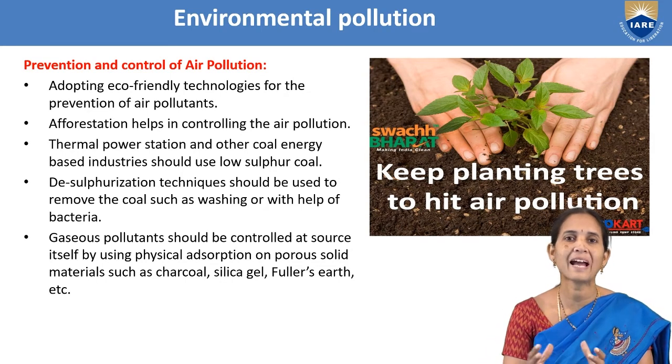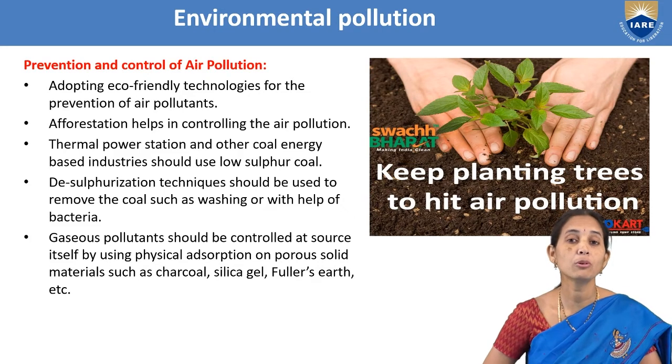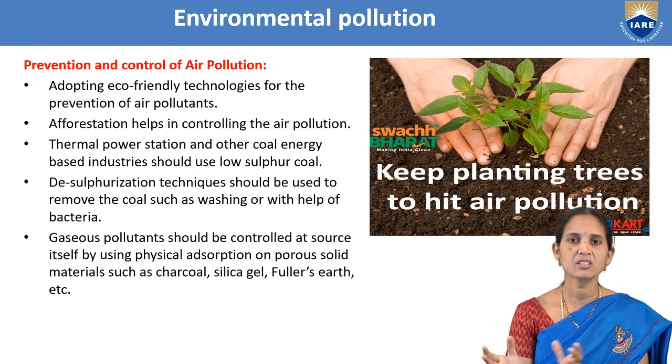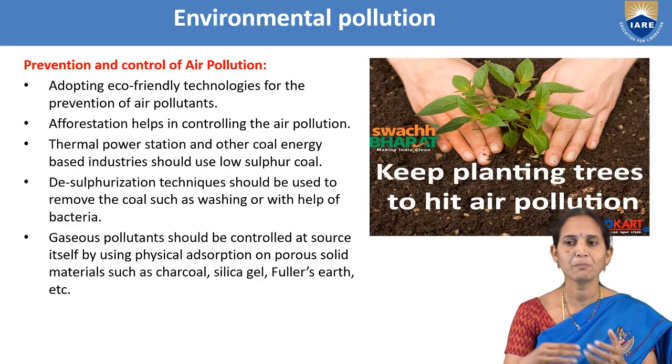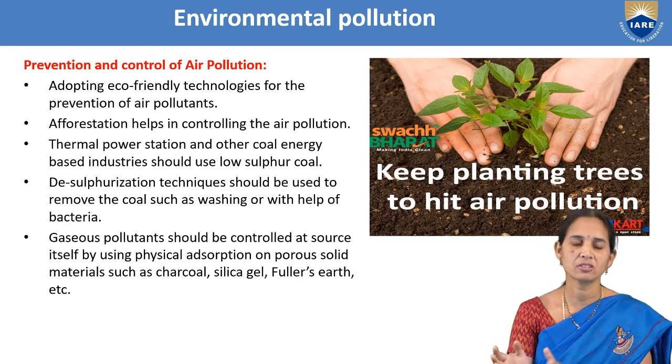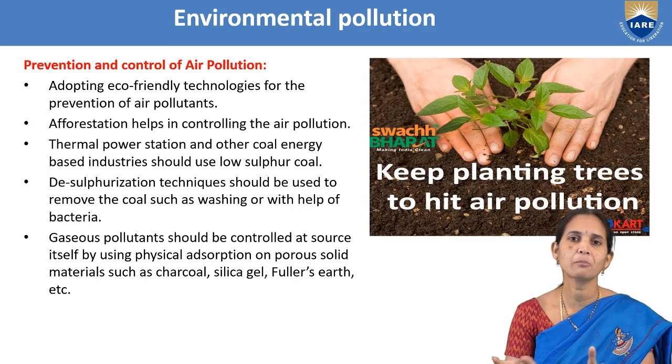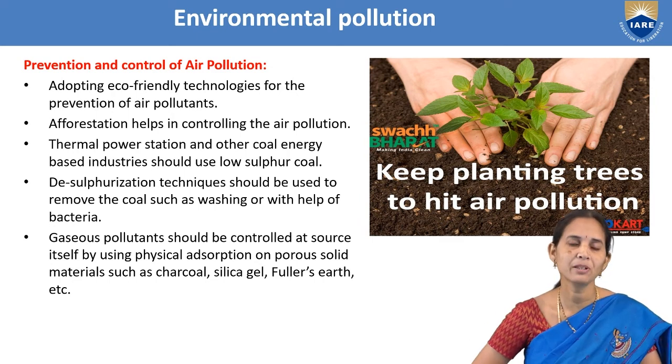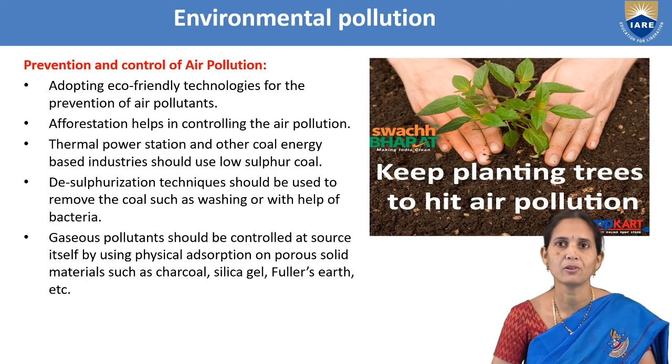Afforestation means we have to go for planting. Not every day, but once in a year, at least if we plant two or three plants near our area. If you have the habit of planting, we can control air pollution.